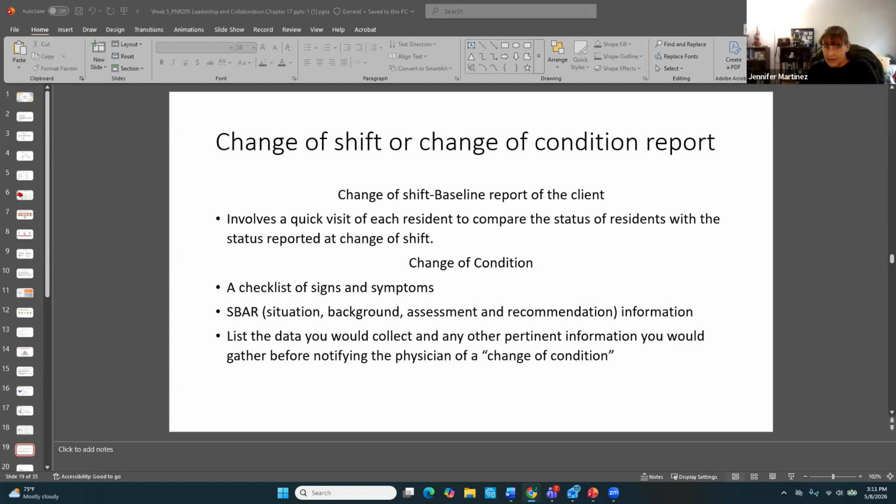In long-term care, if it is a change from the norm, you will fill out a change of condition. So you need to have all the pertinent information that is going to go into that. Again, always know vital signs are going to be really important.